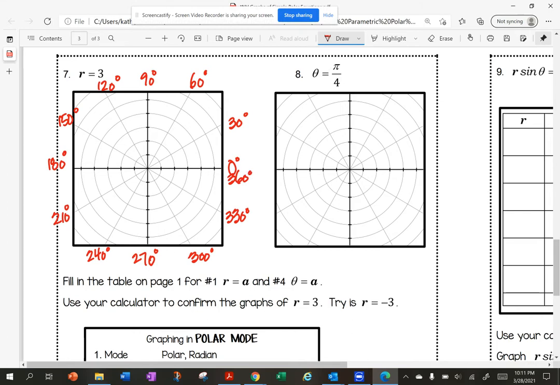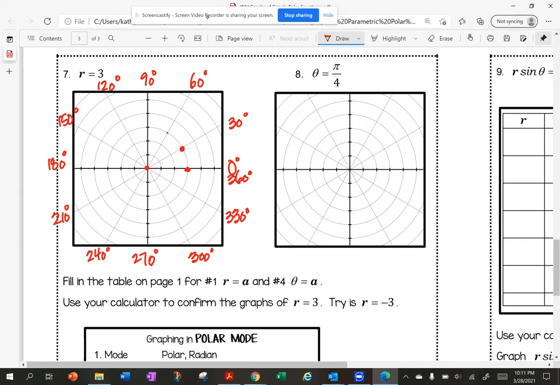So if it says the radius is 3, we said starting at the pole, each ring out is a radius of 1. So it doesn't tell me what the angle is, so it actually means all angles. So at 0 degrees, my radius is 3. So 1, 2, 3, I would have a point here. At 30 degrees, my radius is 3.